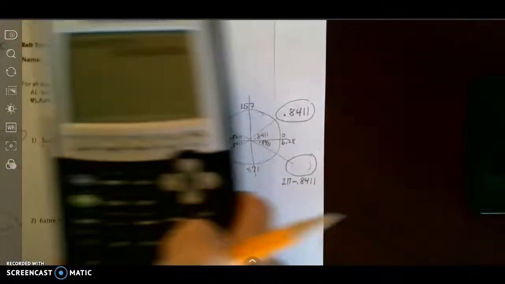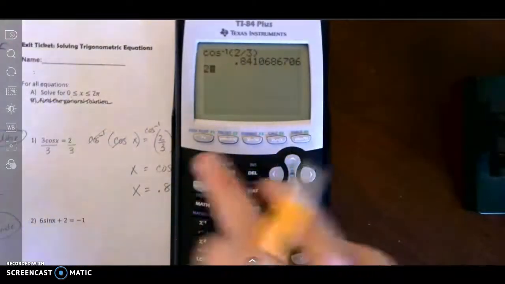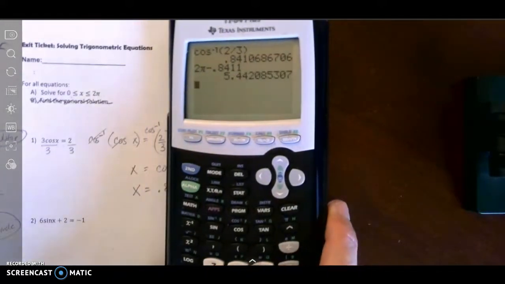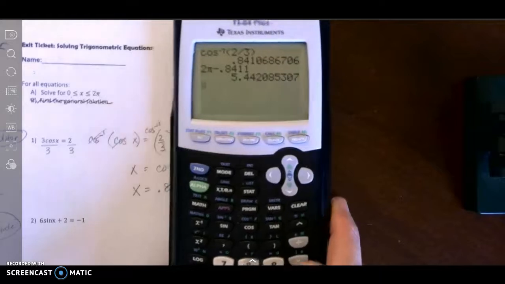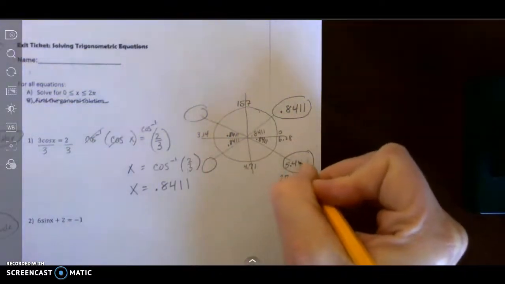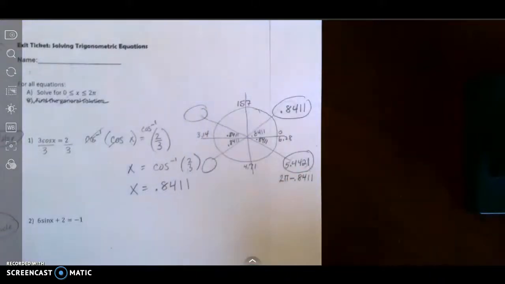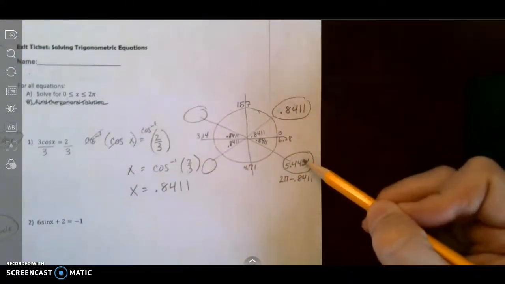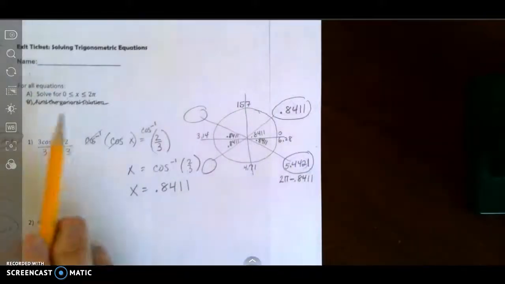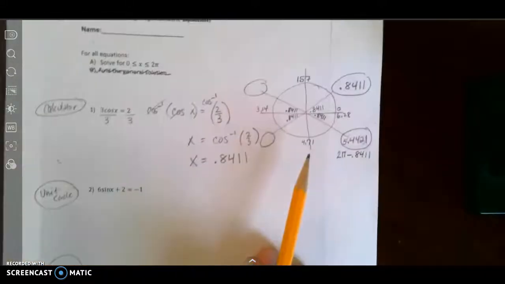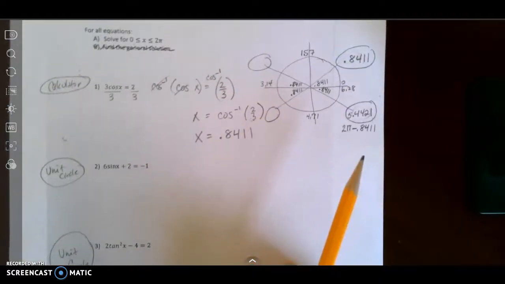So I'm going to go to my calculator, 2 pi minus 0.8411, and I get 5.4421. So these are my two answers for what x could be, and they're between 0 and 2 pi, or between 0 and 6.28.